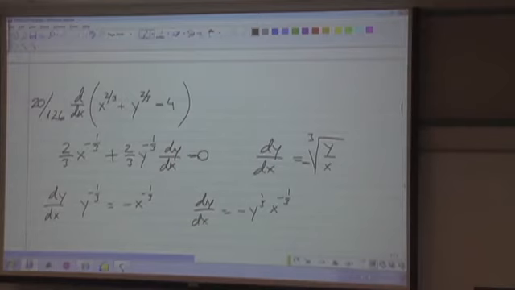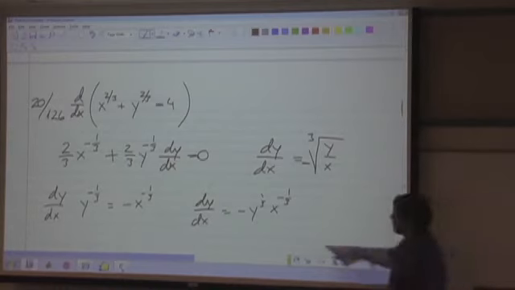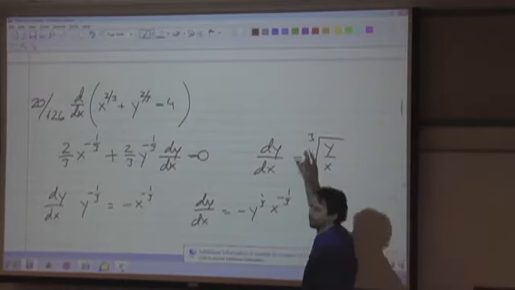I can divide by y to negative 1/3, or I can multiply by y to 1/3. And if you notice, this is nothing else but negative y over x to a 1/3.